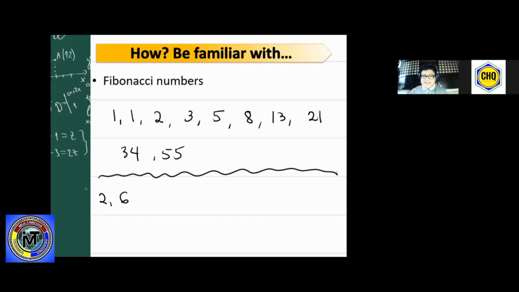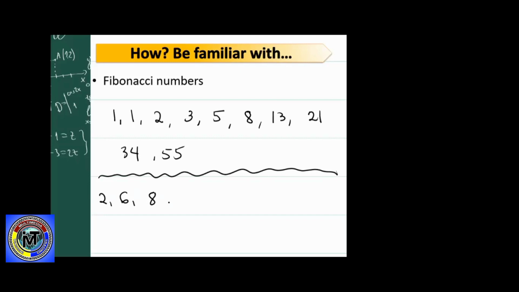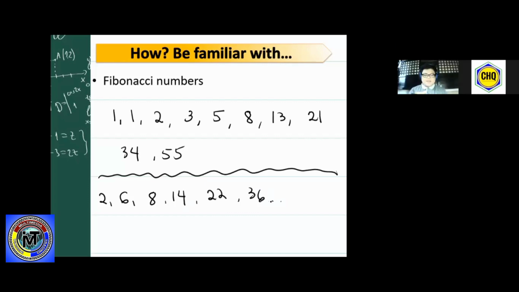When you add them, 2 plus 6, that will be 8. 6 plus 8, that will be 14. 14 plus 8, that will be 22. 22 plus 14, that is 36, and so on and so forth. Those are Fibonacci-like, because the pattern of the original Fibonacci was used or copied. So you must remember those.